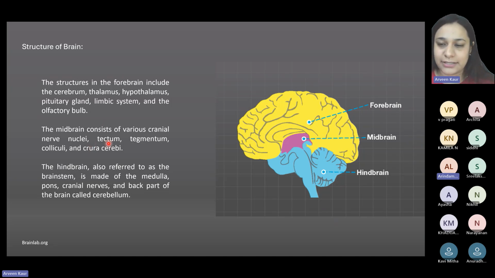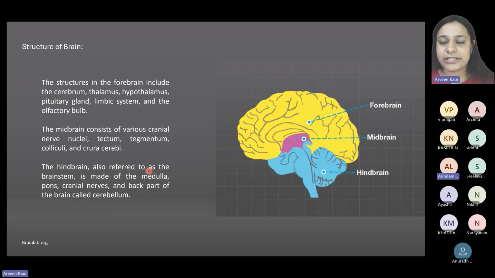It also includes the tectum, tegmentum, colliculi, and crura cerebri. The hindbrain, which is also referred to as the brainstem, will include the medulla, the pons, the cranial nerves, and the back part of the brain known as the cerebellum.